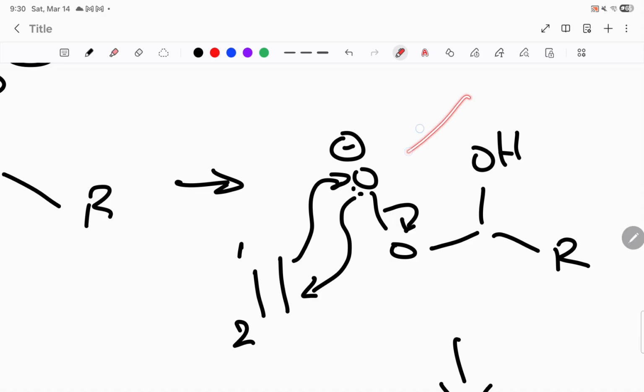It is this oxygen that's attacked, not this. This is the electrophilic oxygen. The pi bond attacks it, okay? So yeah. Anyways.